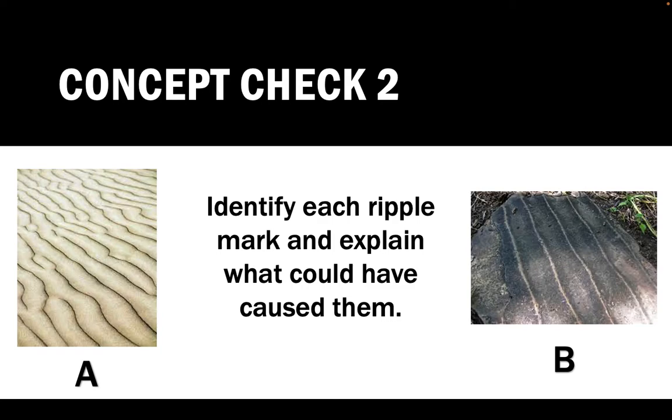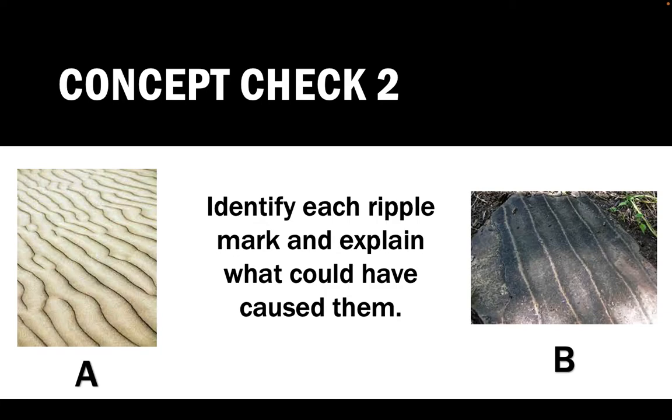Ripple mark A is an asymmetric ripple, which could have been caused by flowing water in a river or wind moving sand particles in a dune. Ripple B would be a symmetrical ripple, which could have been caused by the waves of the ocean or a lake.